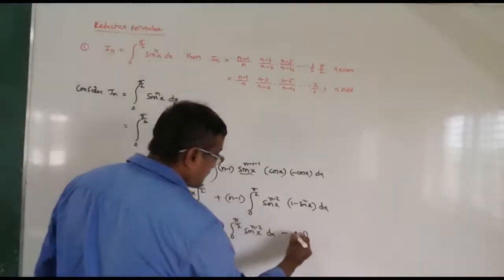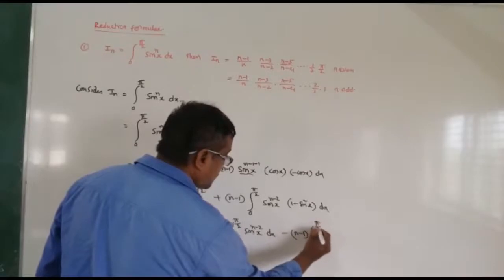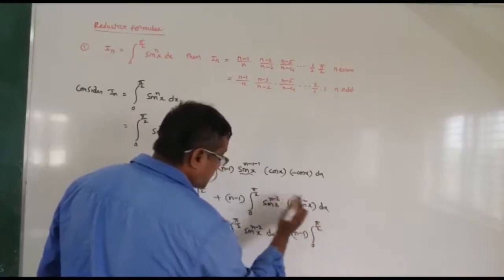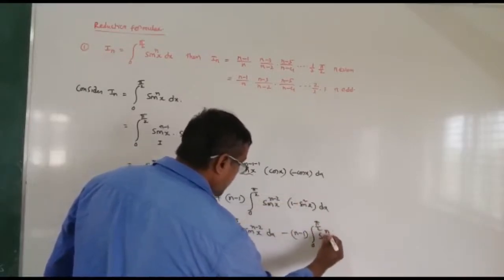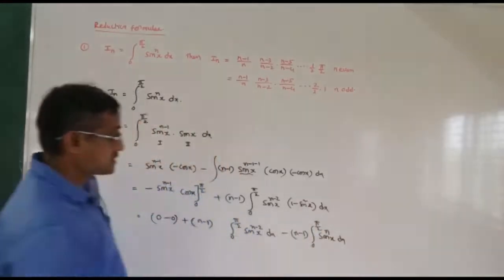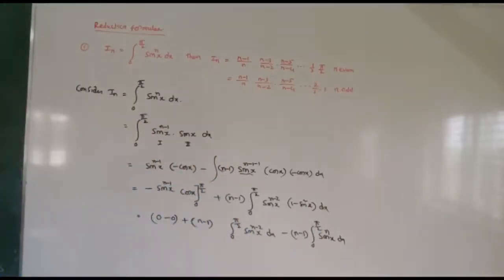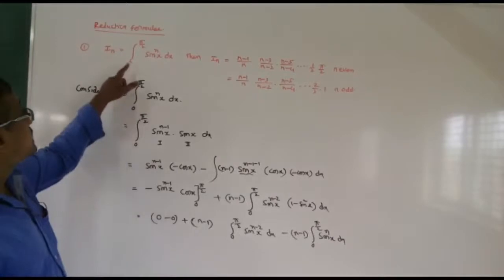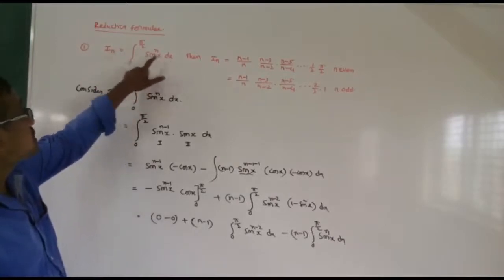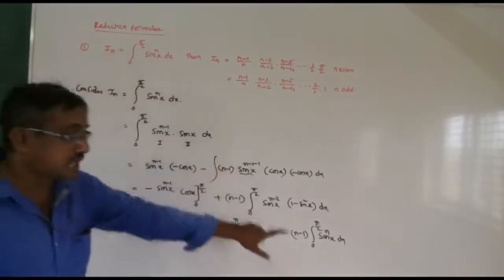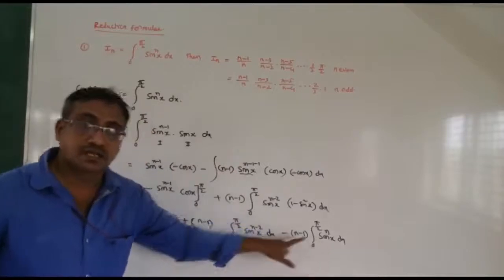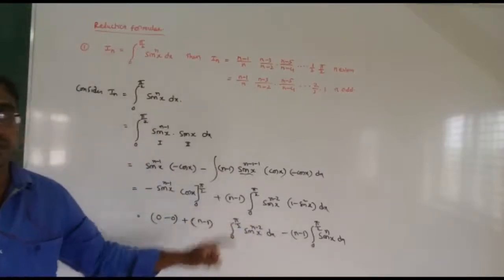minus n minus 1 integral 0 to pi by 2, powers will be added, you will get sin power nx dx. Now here 0 to pi by 2 sin power nx dx is In. So this is In and this is In minus 2.